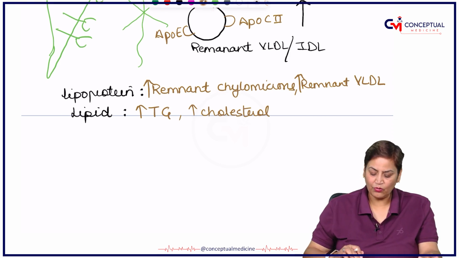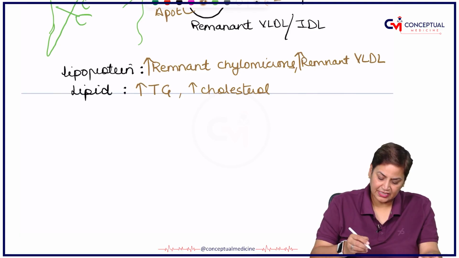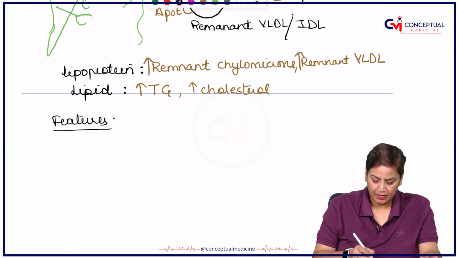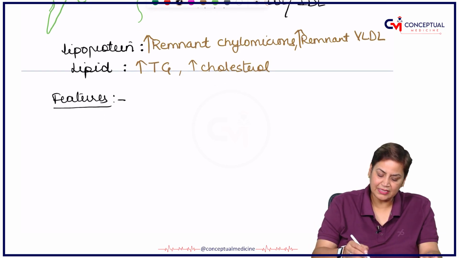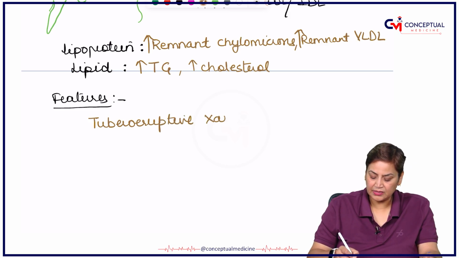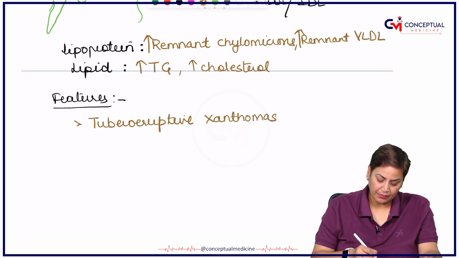Okay, so coming over to the features here, the most important feature here will be the xanthomas. And the xanthomas here will be tubero-eruptive, like grapes. Tubero-eruptive xanthomas or palmar xanthomas will be there.